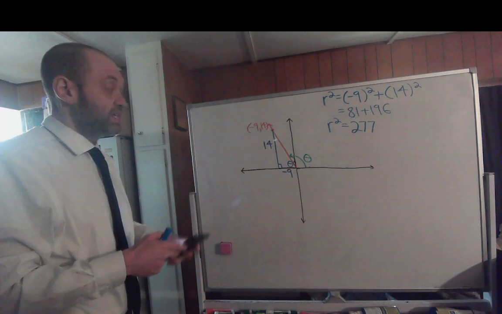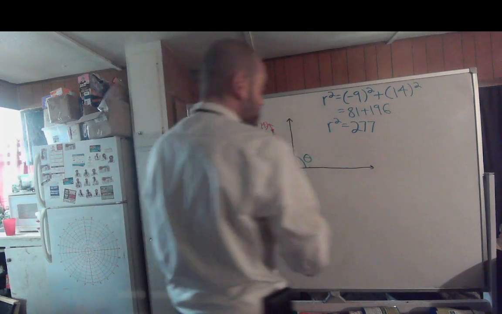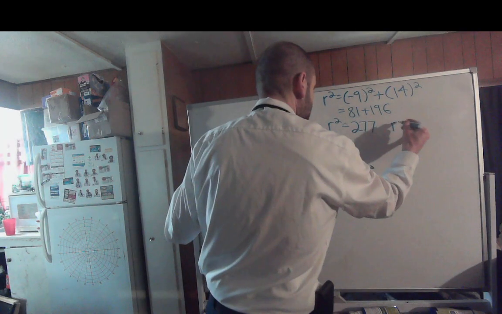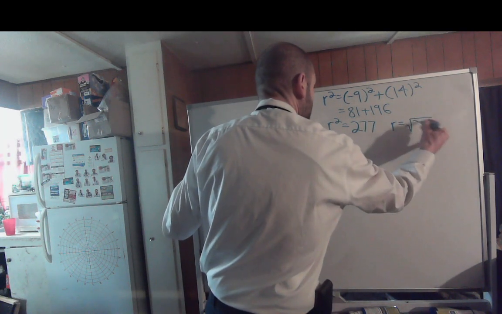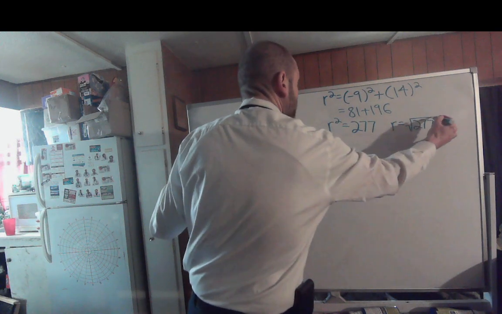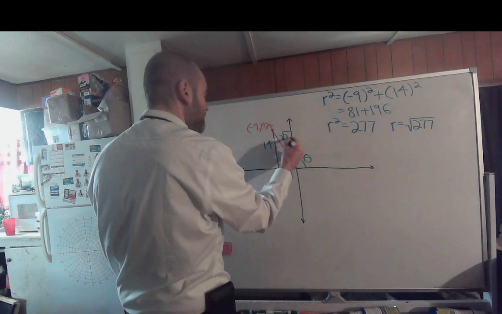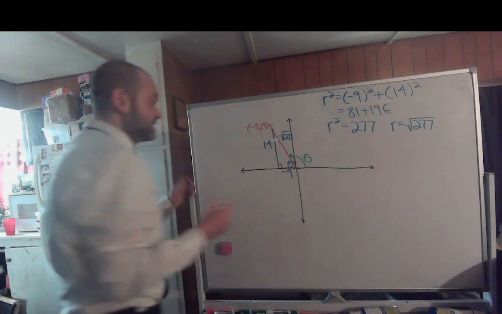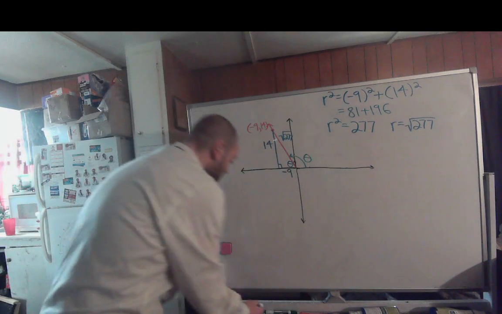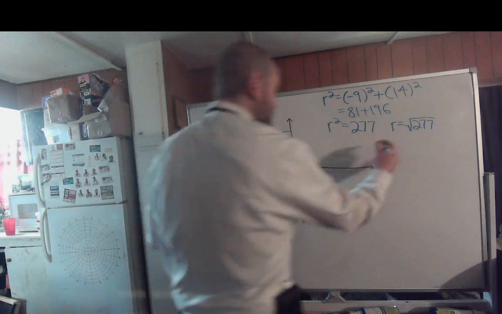Nope, we're literally stuck with the radius equals the square root of 277. So you get a radius of the square root of 277. That's not a pretty one, but that's exactly what it is. But we can go ahead and find the value of the 6 trig functions.